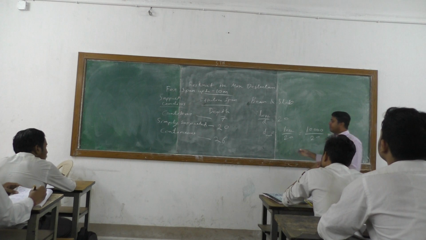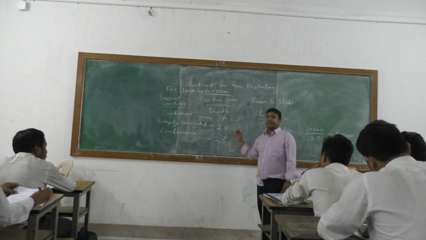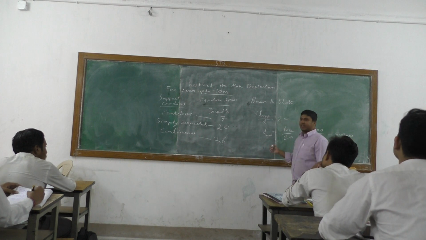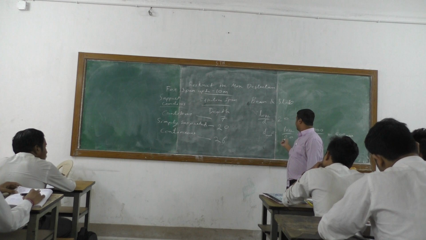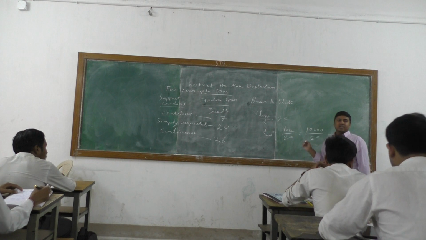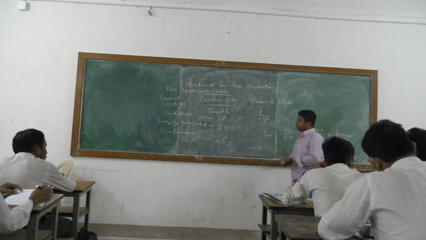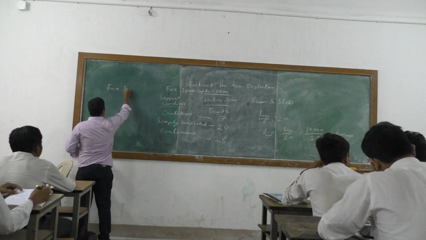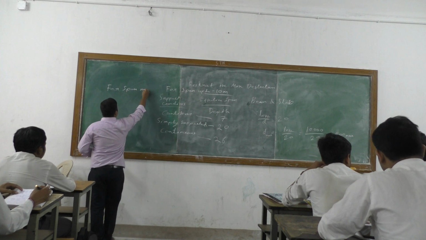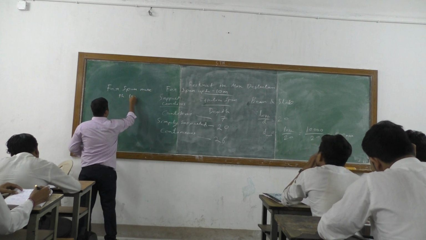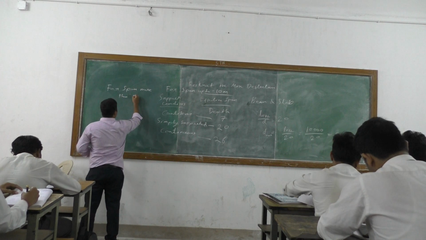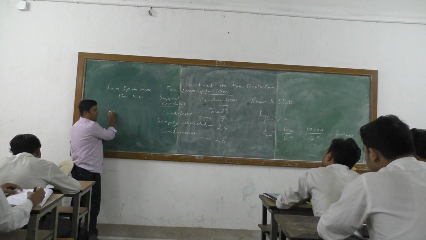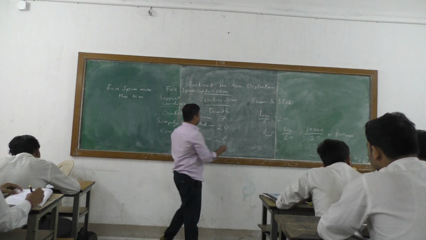Now what if this span is more than 10 meter? For this, the IS code is saying that we can have a factor which can be multiplied, 10 by span. For span more than 10 meter, we have to multiply this factor.